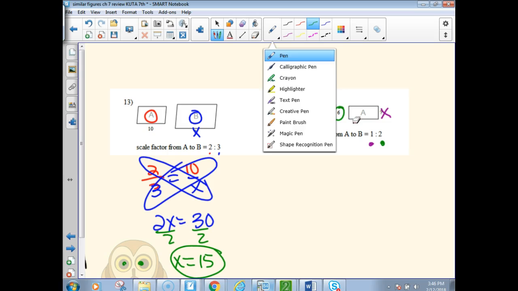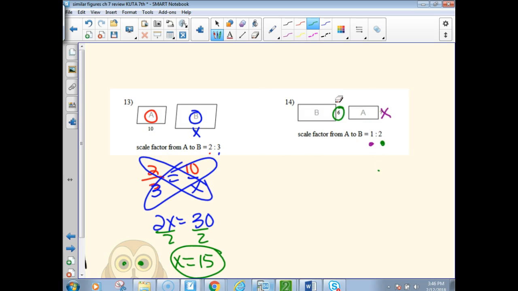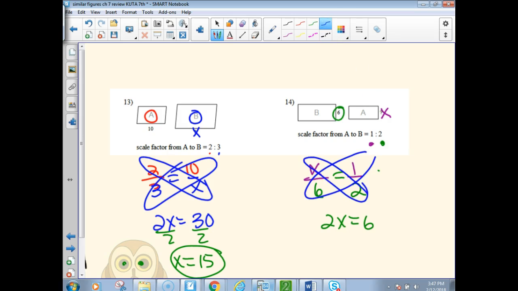Okay, so how I'm going to set this up is I'm going to do X over 6. That's purple over green. X to 6. And my scale factor was purple to green, 1 to 2. 1 would need to be on top, 2 would be on the bottom. Cross products, 2 times X equals 6. Divide by 2. X is 3.